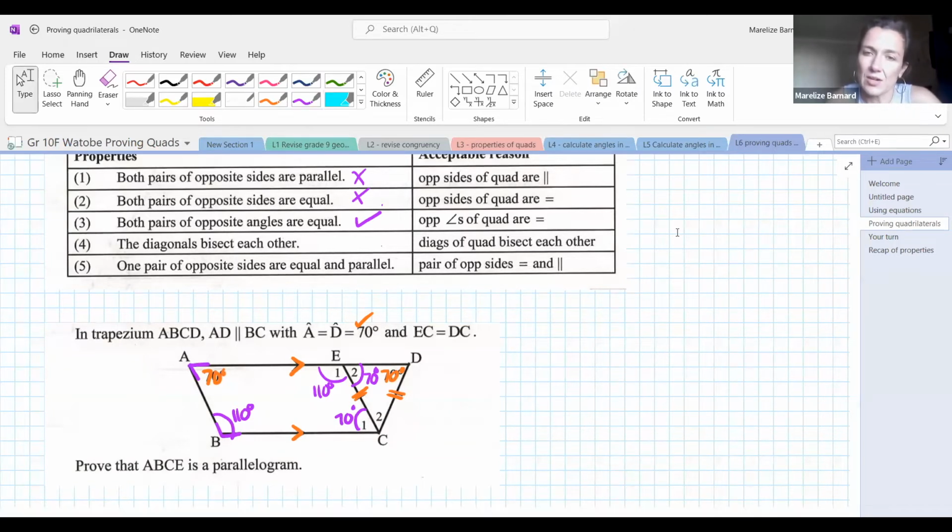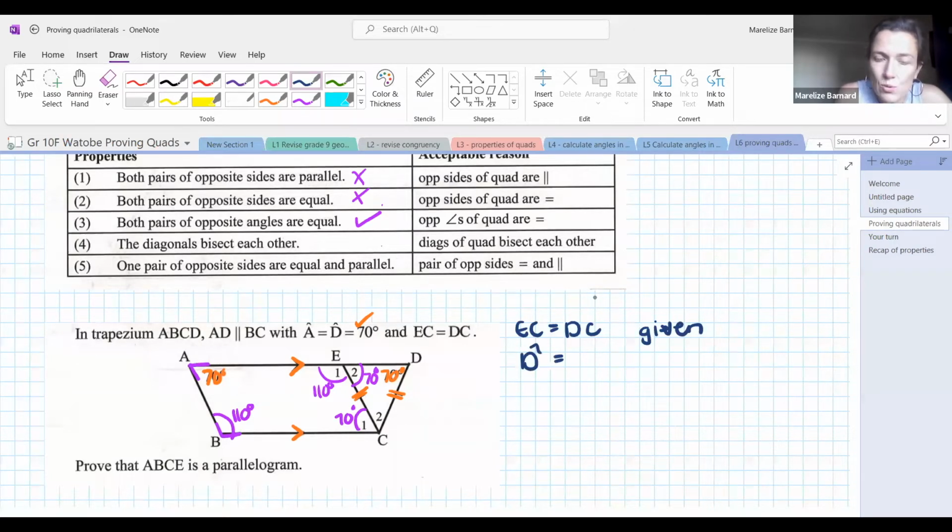Okay, now we have to write down everything with reasons because that's how you get your marks. We're going to start by saying that EC is equal to DC, and that is given. And then we're going to say that angle D is equal to angle E2 because of angles opposite equal sides.